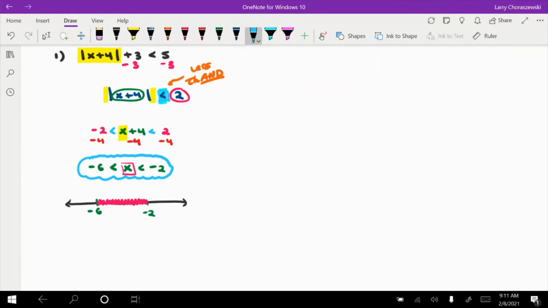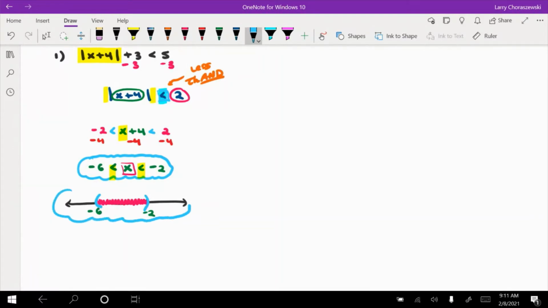Now, can anybody tell me what symbols we'll be using on these endpoints, negative 6 and negative 2? And you have two options. You could use a parenthesis or you could use a bracket. Which one would make the most sense here? Yep, parentheses. You guys got it. And the reason for that is because there's no bar underneath the inequality symbols in that version of the answer.